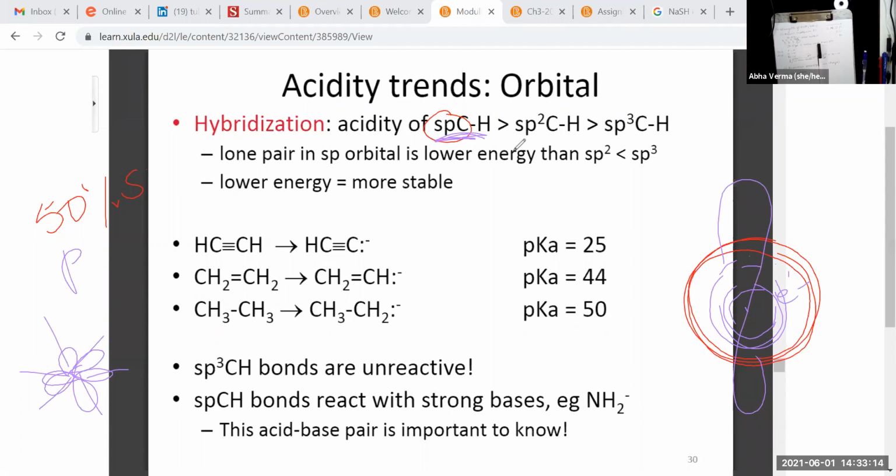What does that mean? It means that if you compare all of these conjugate bases from an sp carbon hydrogen, from an sp2 carbon hydrogen, and an sp3 carbon hydrogen, you will see that this is the most stable structure, most stabilization, weakest base. On the other hand, this is going to be the least stable.